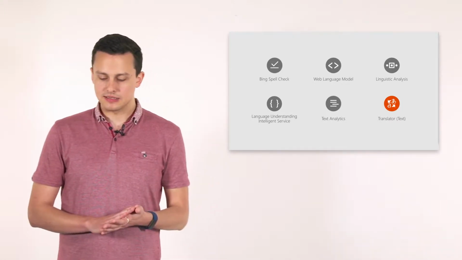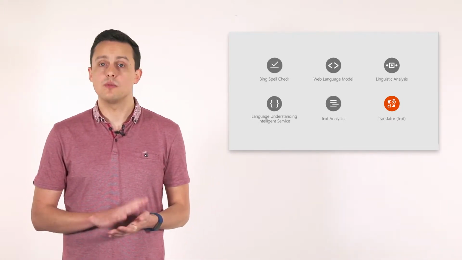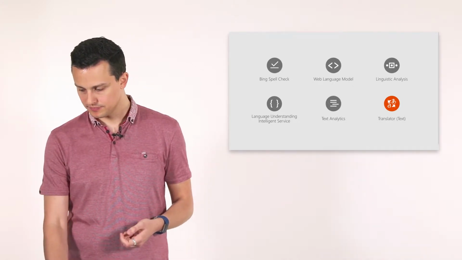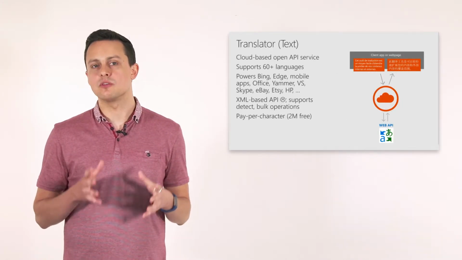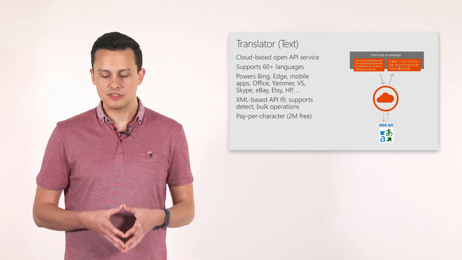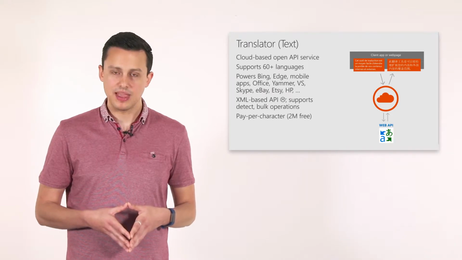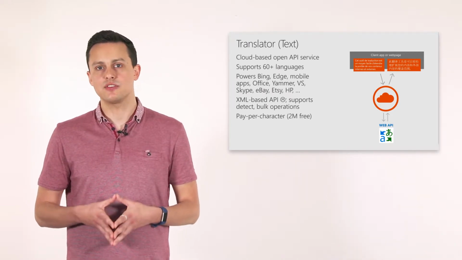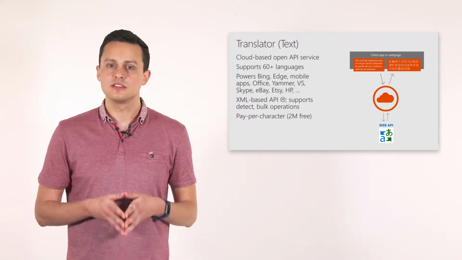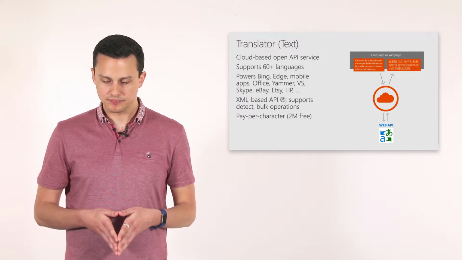So that's Text Analytics. The next service that we're going to talk about, and we saw in the Litware demo, was Translator Text. This is what enables multilingual interactions with our bot. This service supports over 60 languages and already powers some of Microsoft's biggest name services, including Office, Yammer, Bing, Skype, and many more.